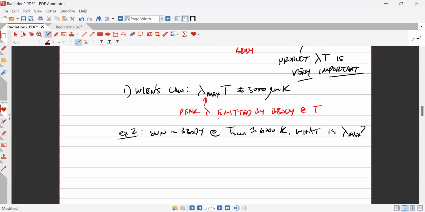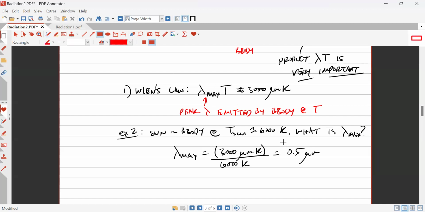Well, it's pretty simple. You just apply Wien's law. So it'll be 3,000 microns Kelvin over 6,000 Kelvin, which is about half a micron. And notice that half a micron is in the visible range, right?